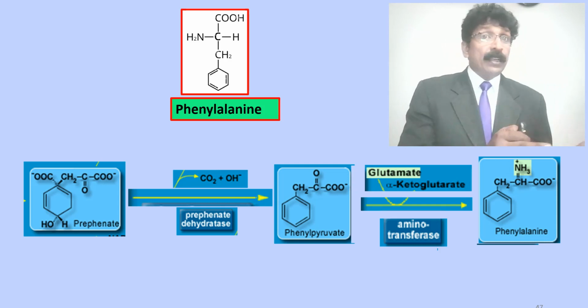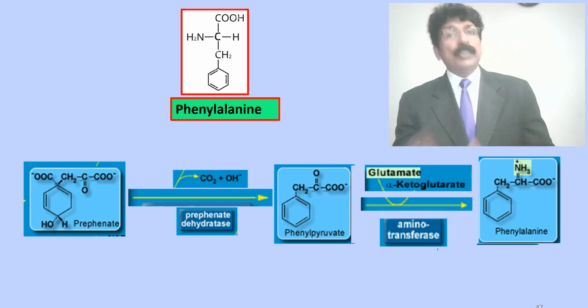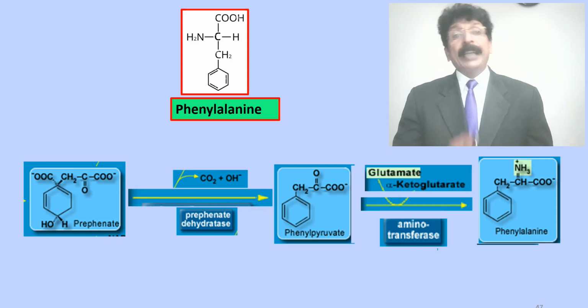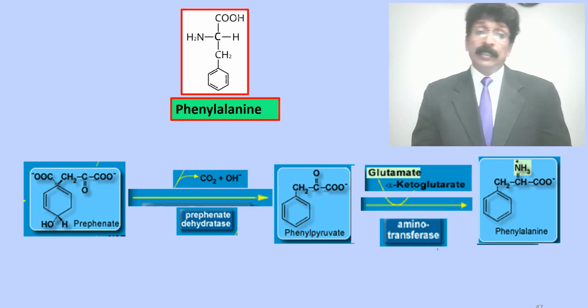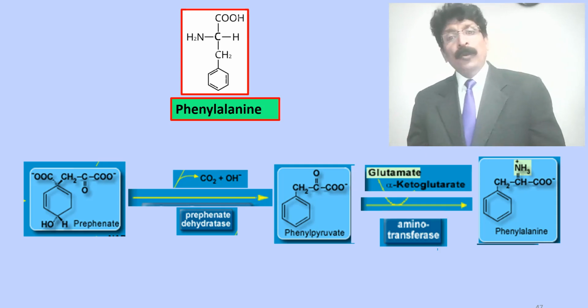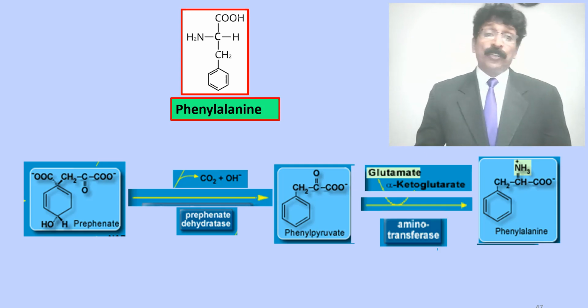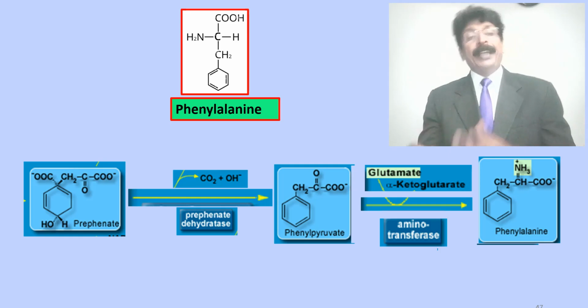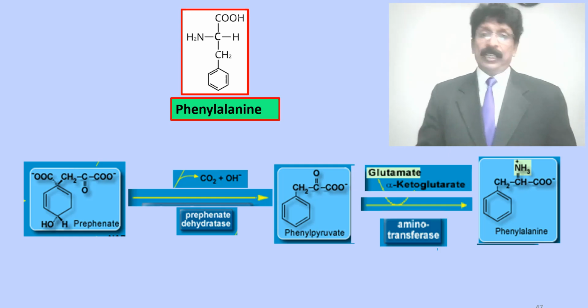Chorismate mutase enzyme converts chorismate into prephenate, and prephenate is converted to phenyl pyruvate by means of the prephenate dehydratase enzyme.